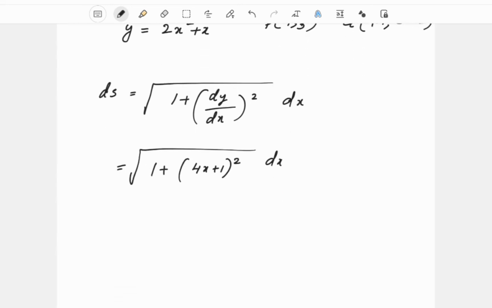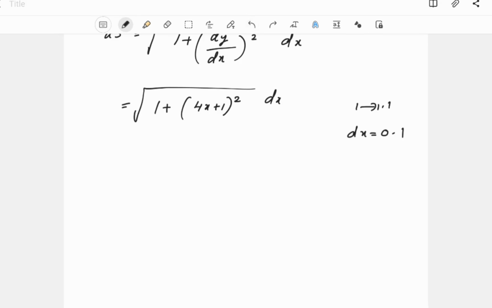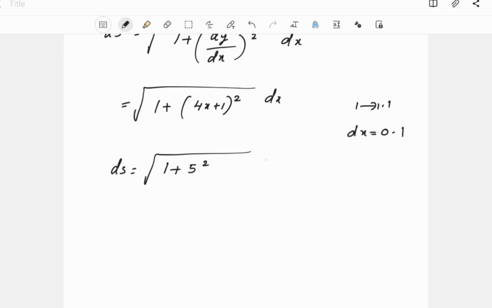Here we let x equal to 1, then dx is 0.1, since x varies from 1 to 1.1. We obtain the approximation ds equal to the square root of 1 plus, substituting x equal to 1, 5 square, times dx equal to 0.1. That is 0.1 times the square root of 26, which is approximately equal to 0.51. So in this case, the arc length is approximately 0.51 units.